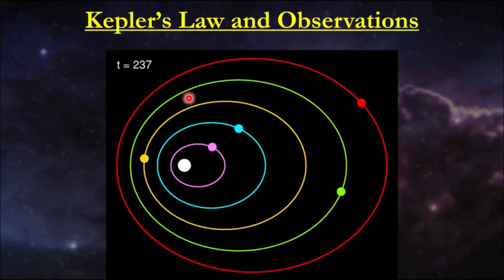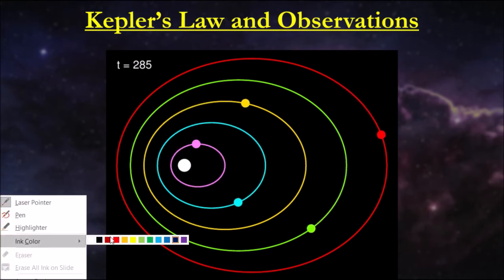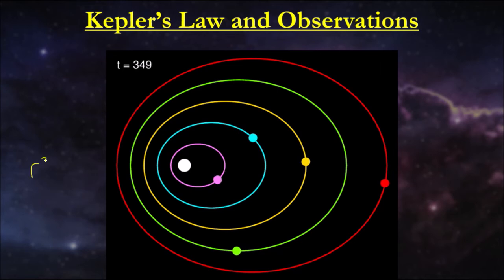However, using Kepler's third law, which I'll write out again, if I know the ratio, let's just call it a constant, if I know how long it takes for this orbit here to do all its rotation, and I know what the distance is for different planets, I can actually find how long it takes for it to orbit like so. So it's a really handy mathematical law that he developed.